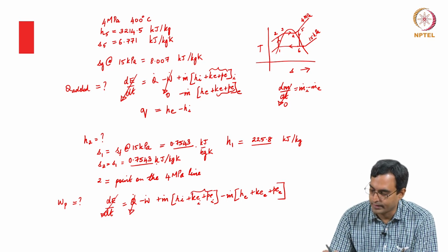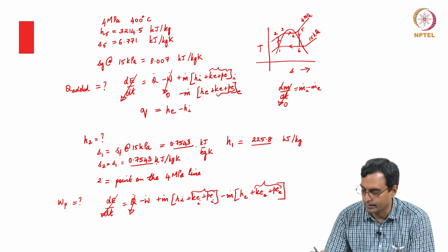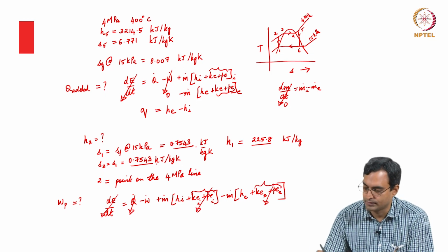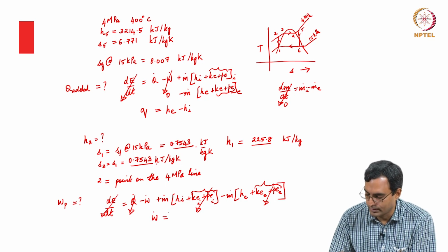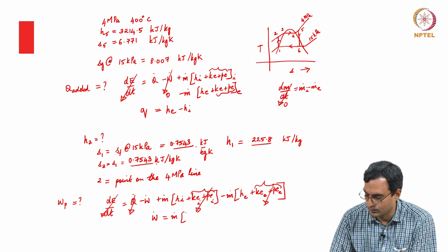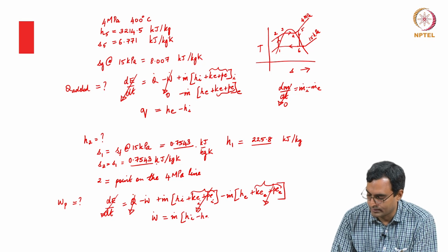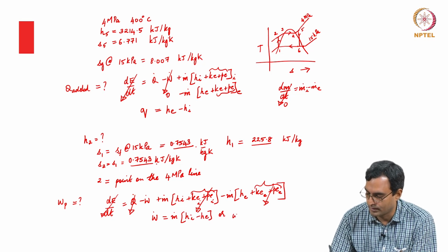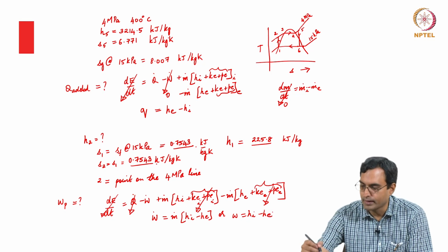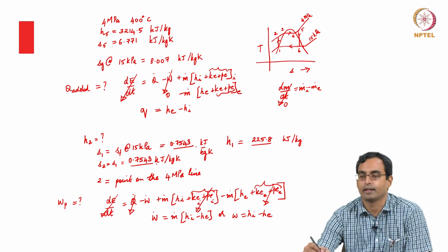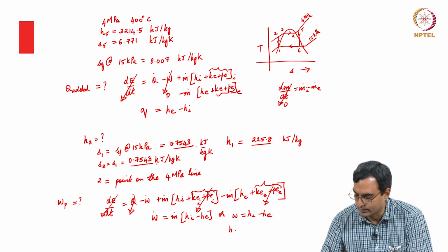Changes in potential and kinetic energy are typically small, so I am going to neglect the change. That is 0, which then tells me that W dot is m dot into this, or essentially small w is this. So, what I want is the enthalpy at the exit, which is essentially HE or H2.